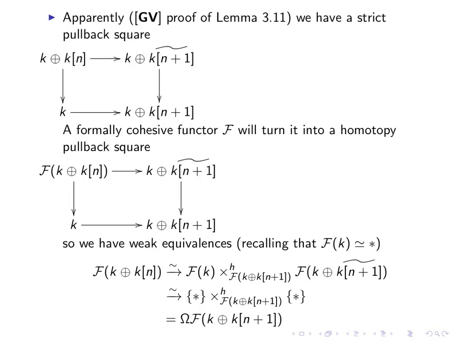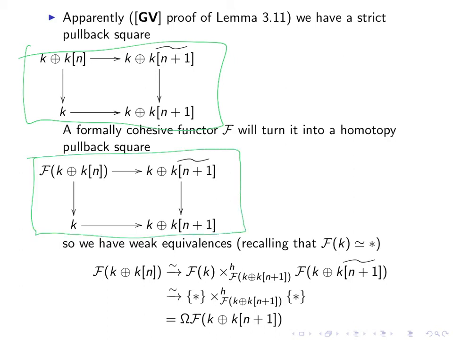Now, one thing I didn't understand, but okay, is we have a strict pullback square over here. What we're going to do is assume that we have this, and apply a formally cohesive functor f to it, and formally cohesive turns strict pullbacks to homotopy pullbacks, so we get this homotopy pullback square.